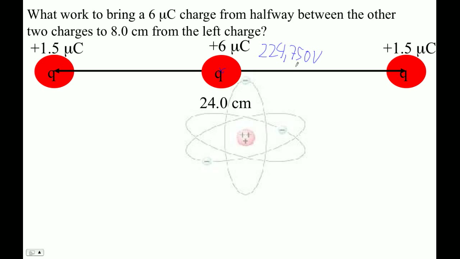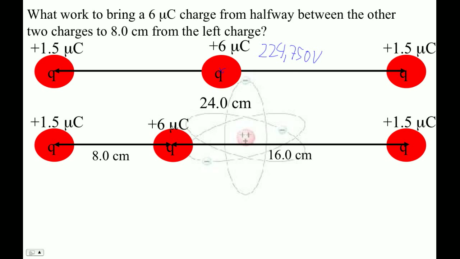And then we're going to move it 8 centimeters closer to this charge, right? Okay, well, we need to know what this voltage is here, right? Okay, so what we do is when we calculate this, we calculate it without the 6 microcoulomb charge there. We find the voltage that's there, and then we multiply, okay? So I'll just show you what you do here. So let's find this voltage.